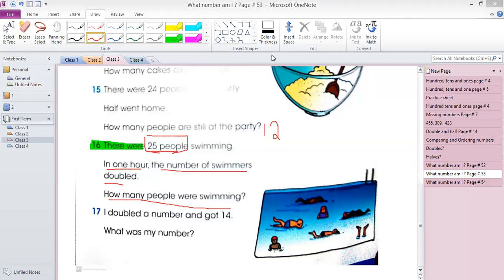Muhammad Abdul Rahim Faris. Yes, sir. Find out the double of 25. How to find out the double of 25? 25 multiplied by 2 equals 50. Very good. How many total people were swimming? 50. That's very good.